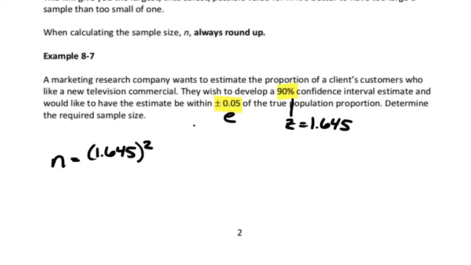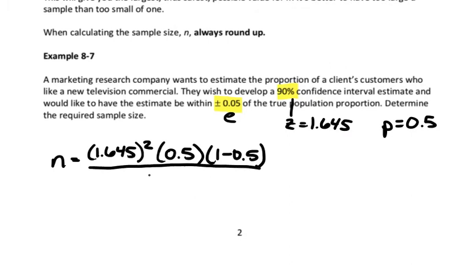Now in this problem, they're not giving us any pilot study or prior study to work with. So I'm going to set p equal to 0.5. And then 1 minus p, 1 minus 0.5, will also be 0.5.